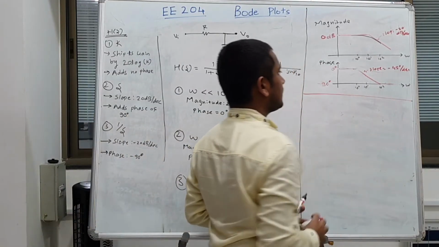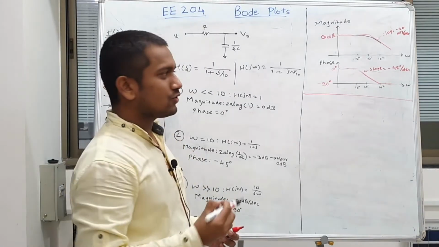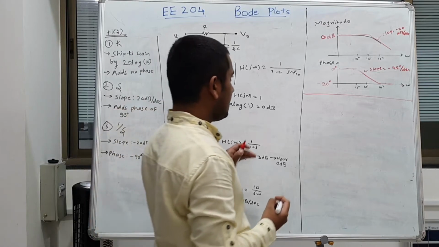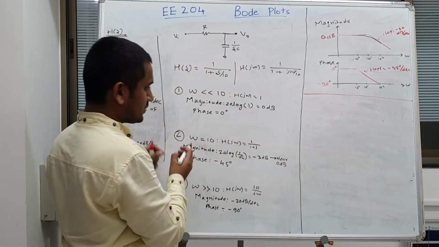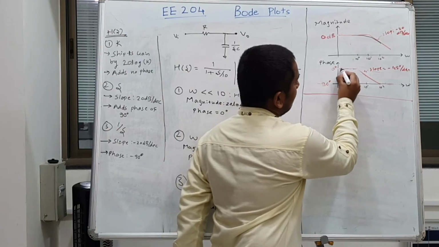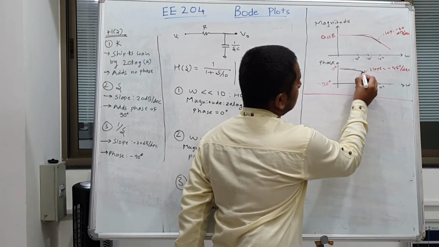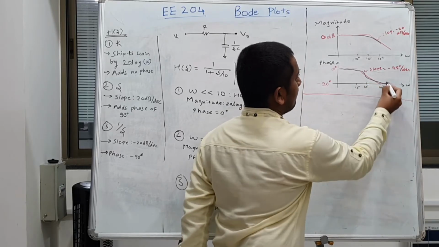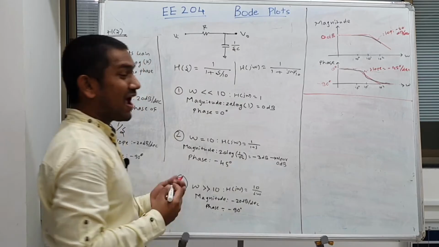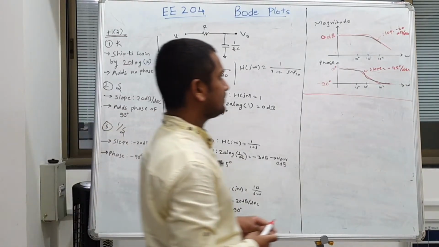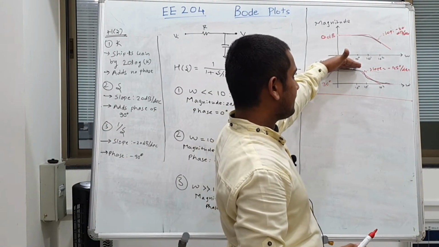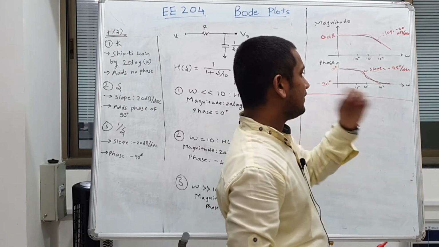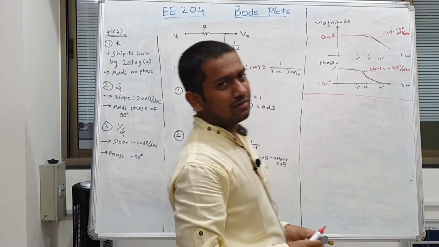In reality, if we draw tan inverse of theta using the actual transfer function, it will have a curve something like this. But for hand analysis, we can quickly tell that it stays near 0 degrees, drops with 45 degrees per decade, and then stays at minus 90 degrees when it reaches 10 times higher frequency than the pole frequency.